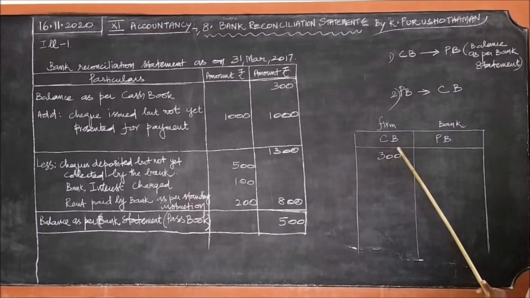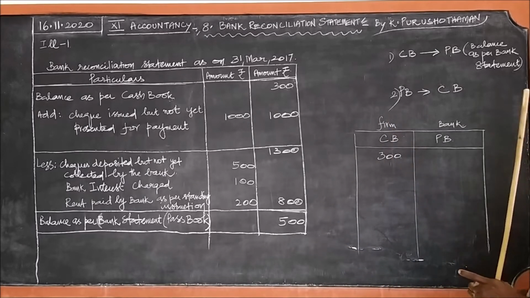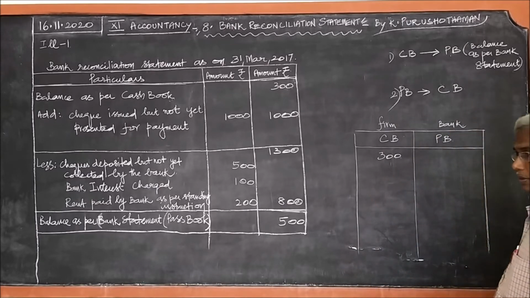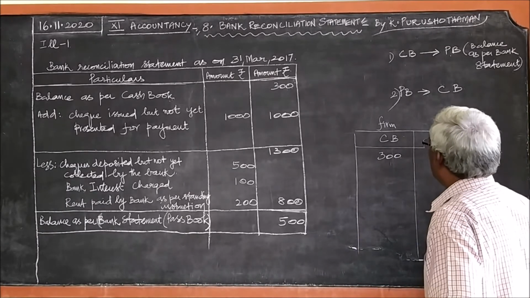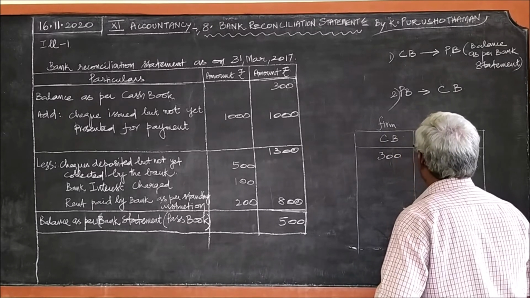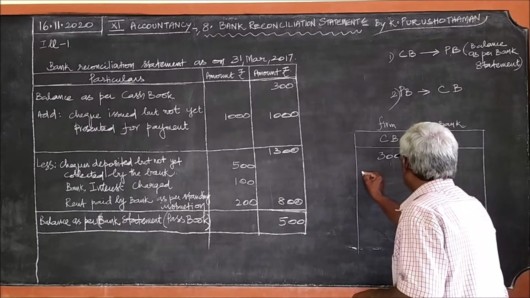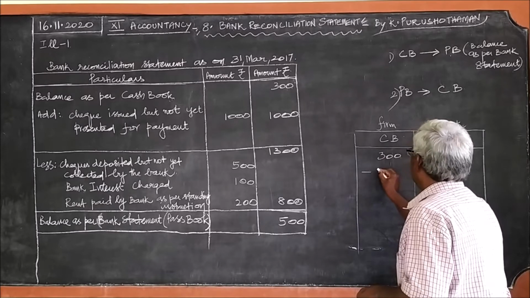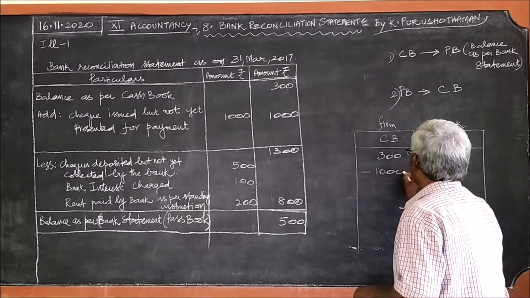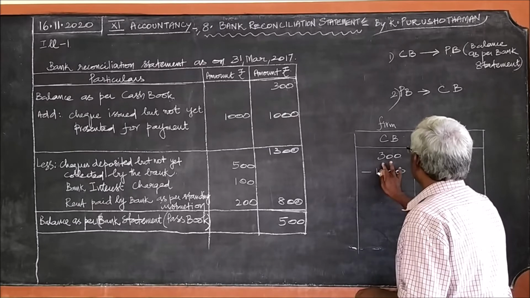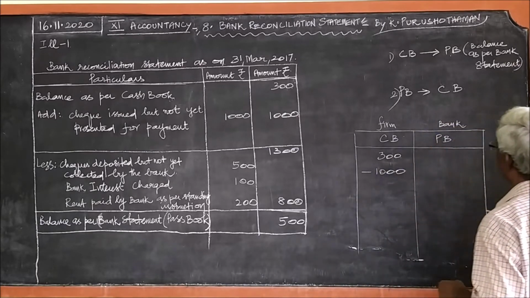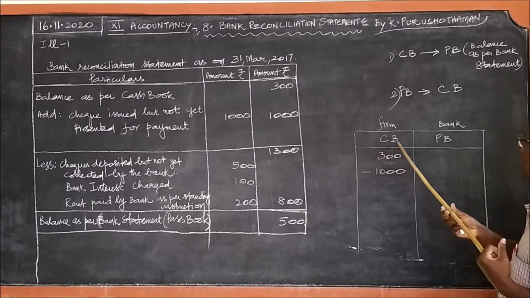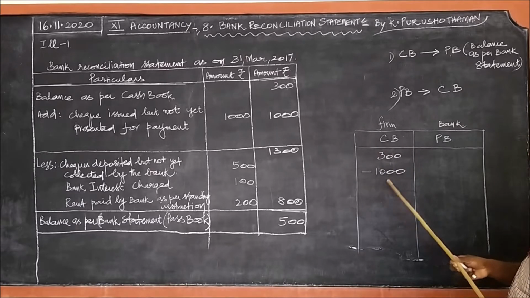Whenever a check is issued by the business, they will reduce the amount from the account. Say for example, 1,000 rupees. This amount 1,000 will be reduced.